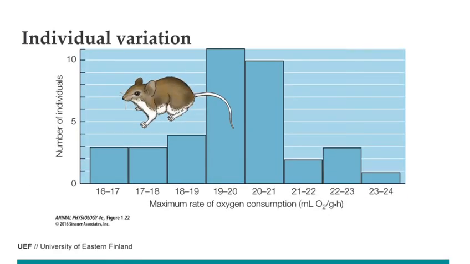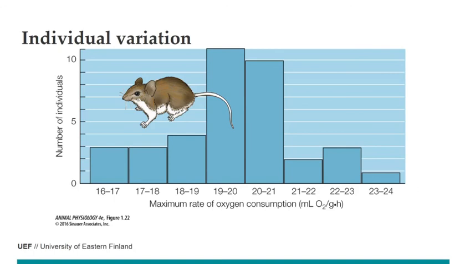Then the other way is to check the individual variation. For example, in these mice, you can measure the maximum rate of oxygen consumption and see that the average is there at 19 to 21 milliliters of oxygen per gram per hour. But then still some are better.